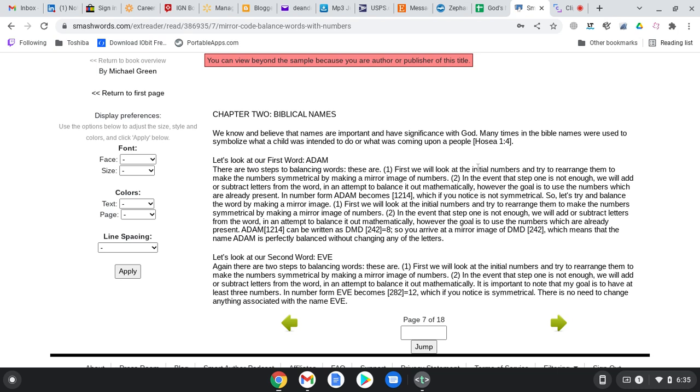So when you start working on mirrored words, I start with the example Adam. If you use the code, Adam becomes 1214.